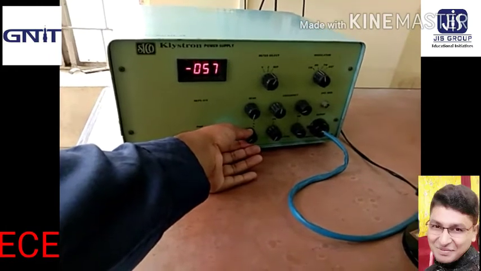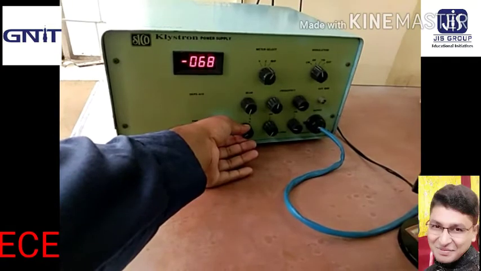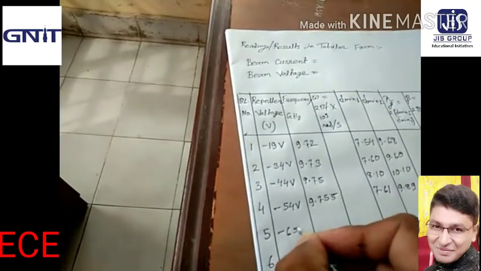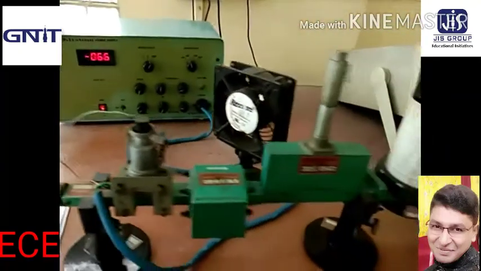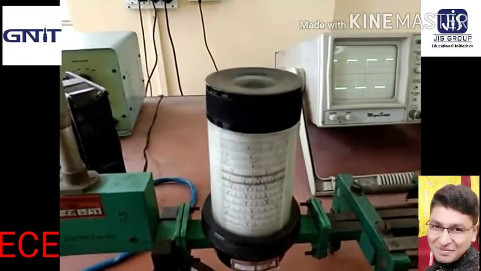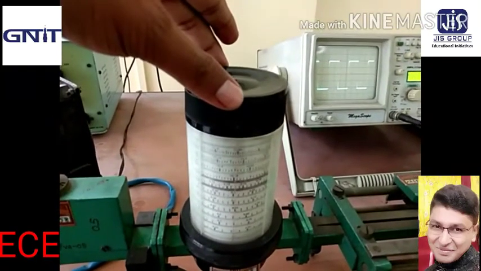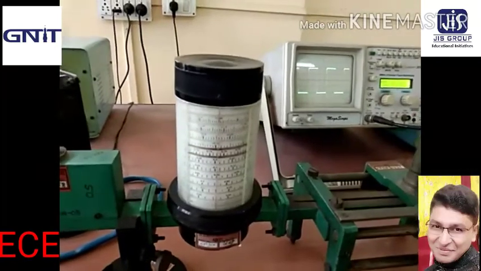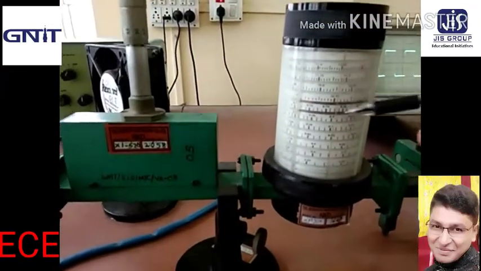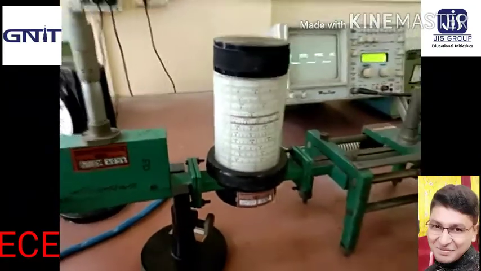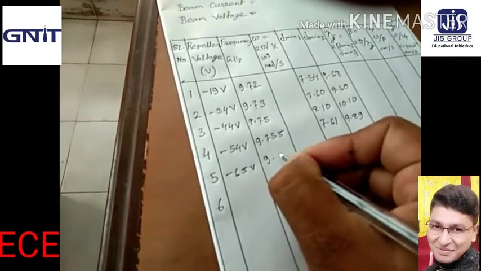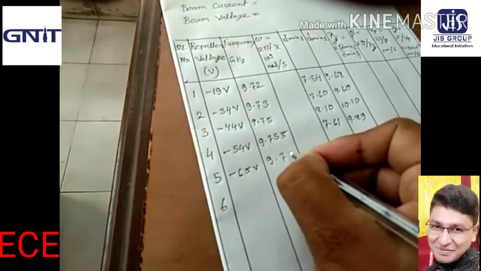The next value is repeller voltage minus 65 volt. Then the frequency is 9.757 gigahertz.